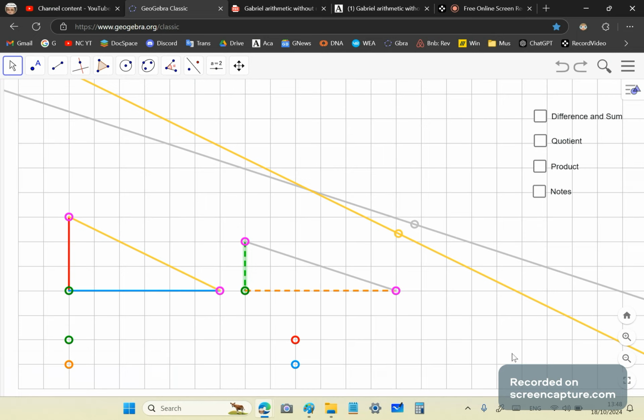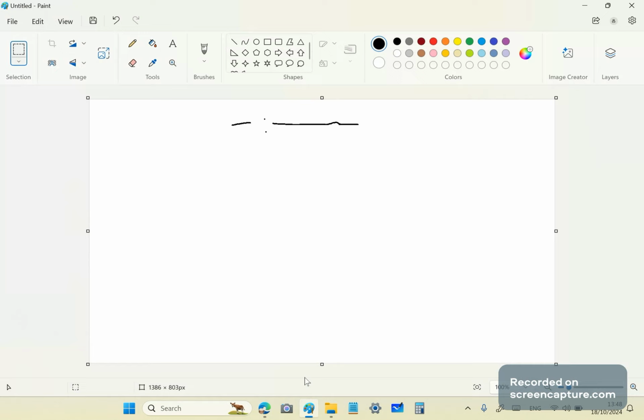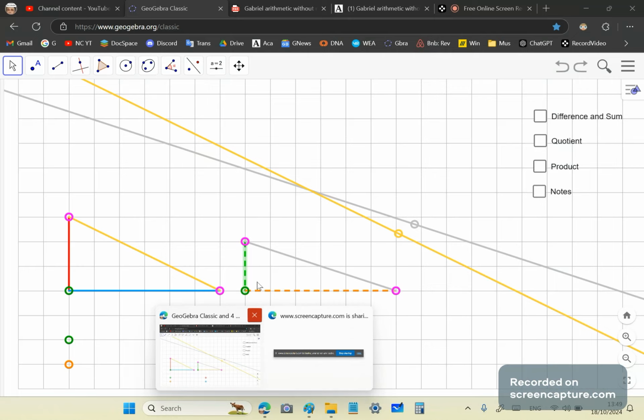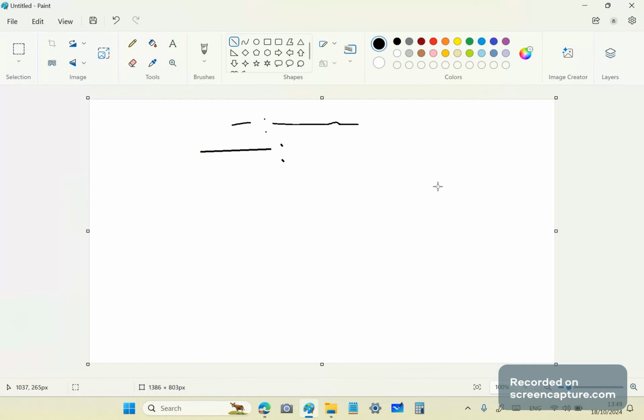This means that the new ratio that you'll have is 3 to 2, and 3 to 2 is the quotient.